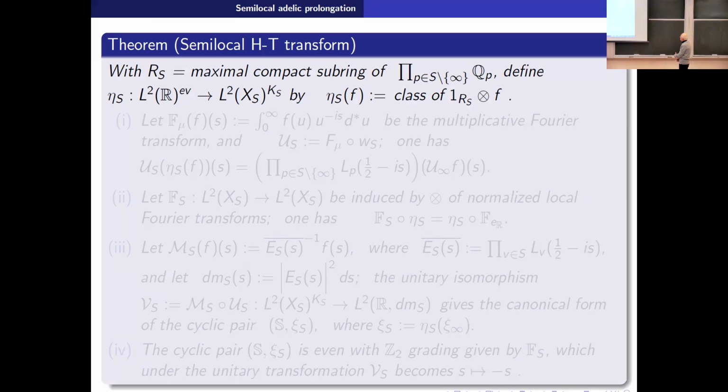All right, so now the first theorem comes, but I still need some notation. R_S is the maximal compact subring of the finite adelic part, now we are removing the infinity.